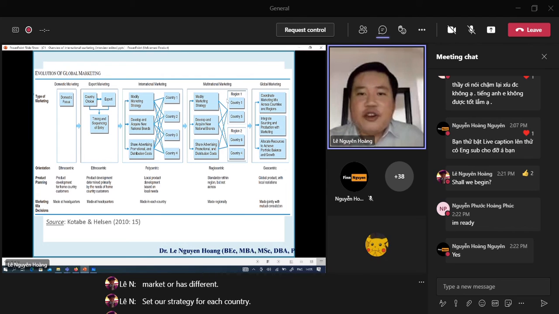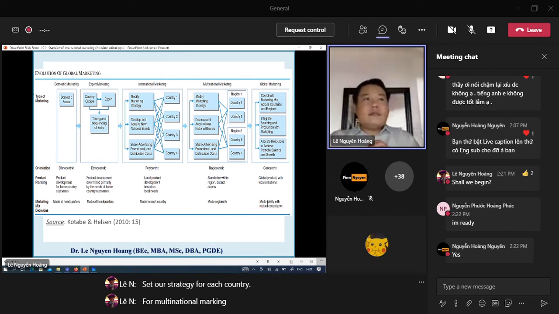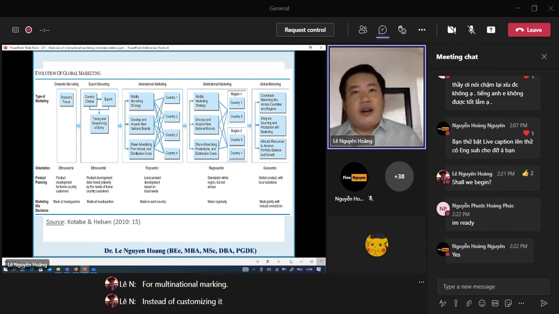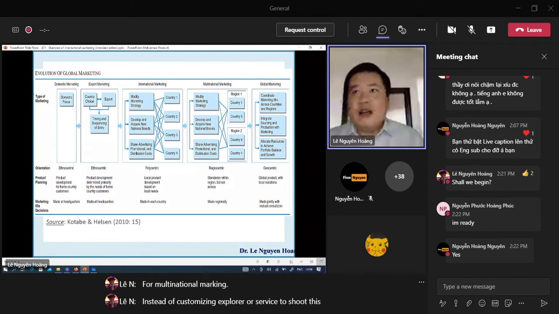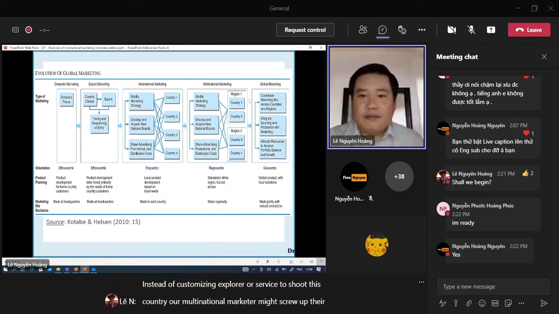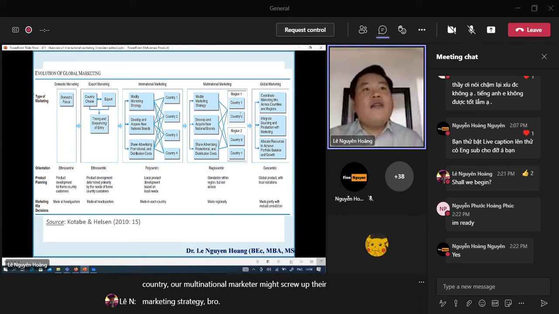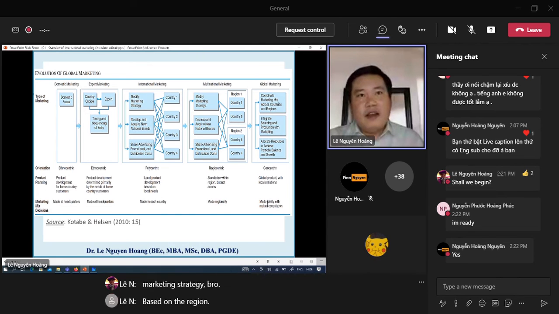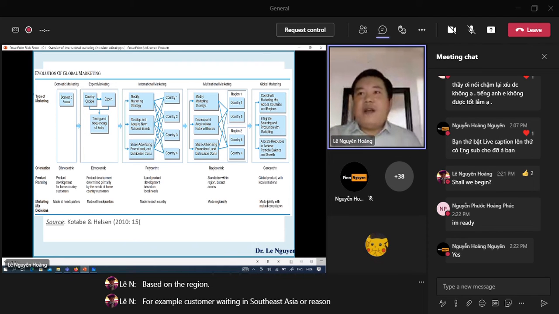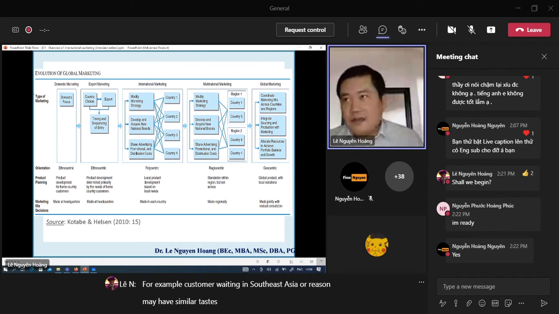For multinational marketing, instead of customizing each product or service to suit each country, a multinational marketer may group their marketing strategy based on the region. For example, customers within the Southeast Asia region may have similar tastes about food.